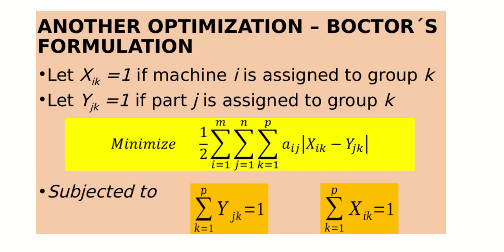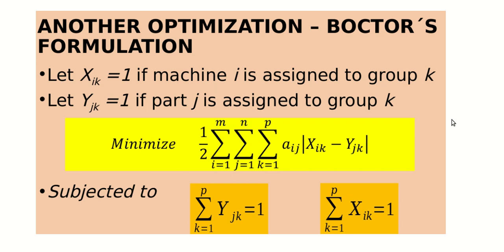So in Boctor formulation, the first part is essentially decision variables. So here our decision variables are xik and yjk. Xik takes a value of 1 if machine I is assigned to group K. Yjk is 1 if part J is assigned to group K. So essentially I is the number of machines and J is the number of parts, while K is the number of groups.